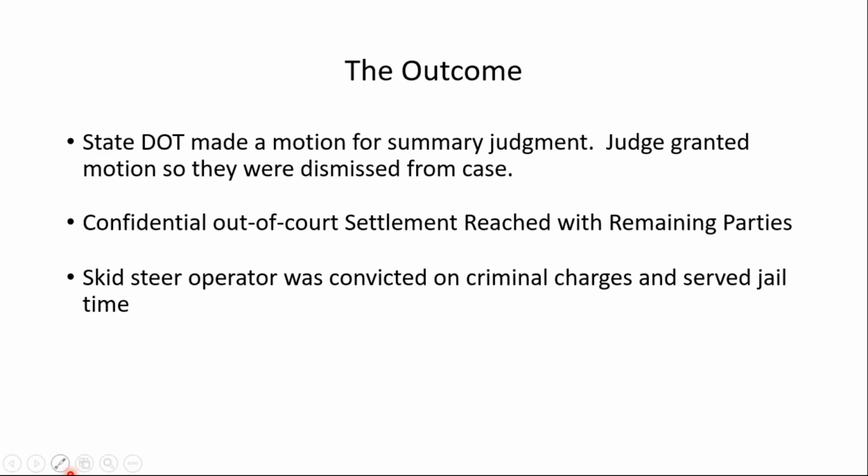So if you remember, I said earlier, I think our first day, that a tort is not a crime, and that's true. But in this case, this skid steer operator or his company faced a tort claim for their negligence in terms of how they were maintaining this road. But he also was convicted on criminal charges and actually spent some time in jail as a result of that.